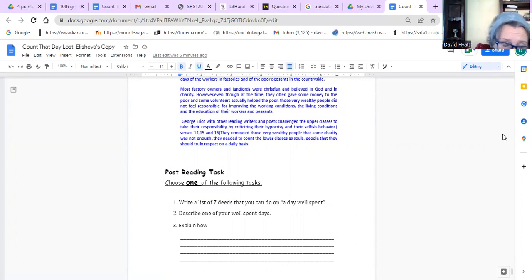George Eliot, pen name of Mary Ann Evans, with other leading writers, challenged the upper classes to take the responsibility.